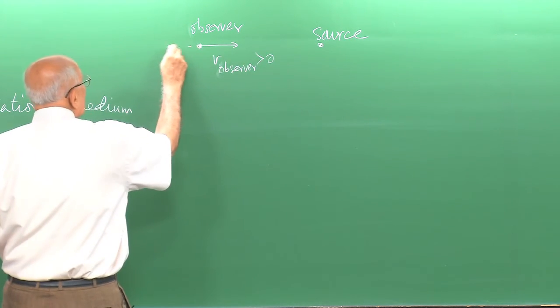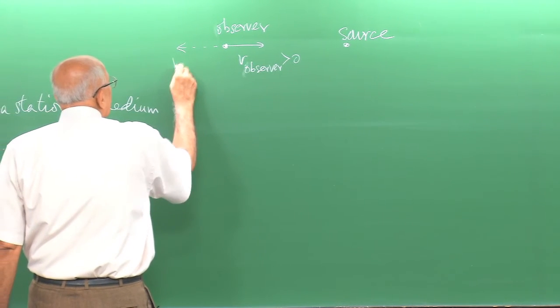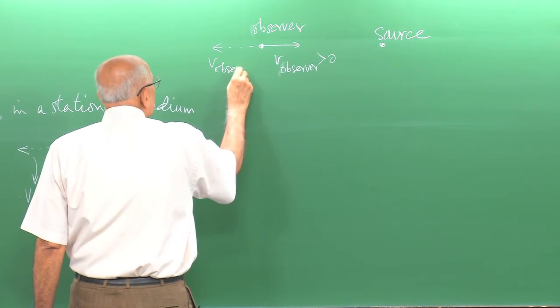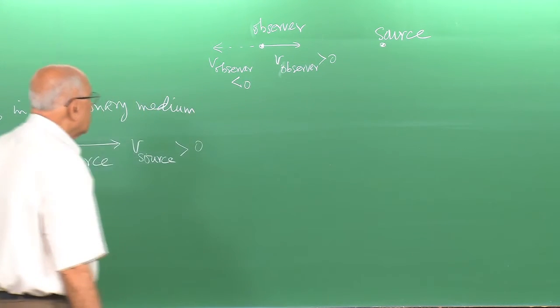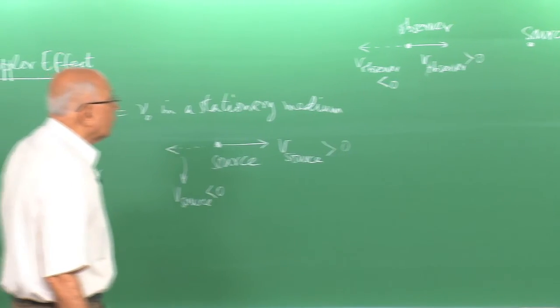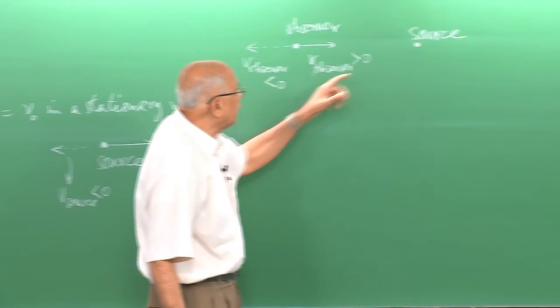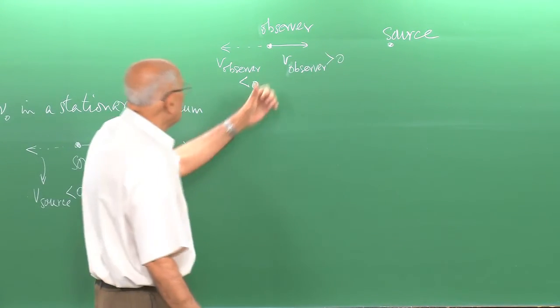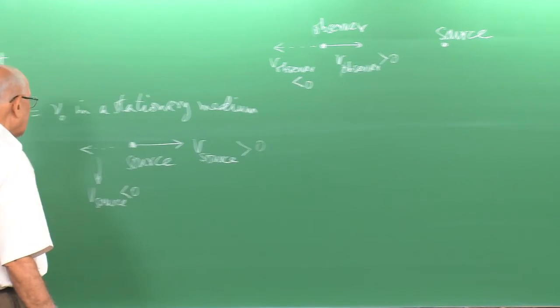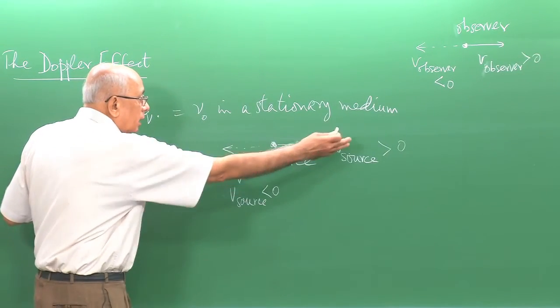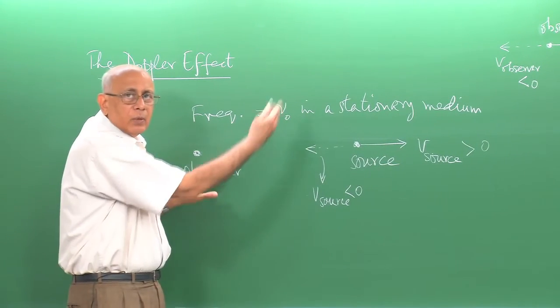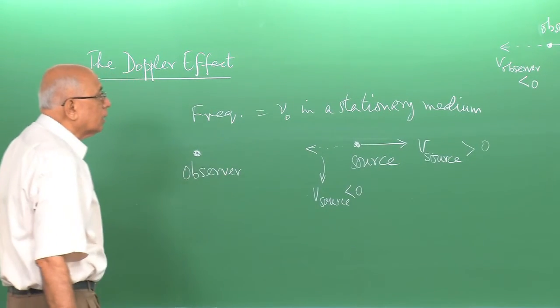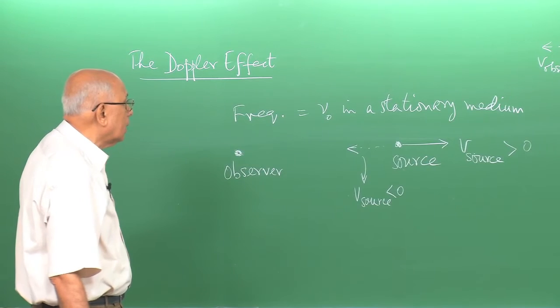On the other hand, if he moves away in this direction, V observer is less than 0. So the convention is clear. When the observer moves towards the source, V observer I take to be positive, moves away it is negative, whereas in the case of the source, moves away it is positive, moves towards it is negative. So this picture makes it quite clear as to what our conventions for the signs of these velocities are.